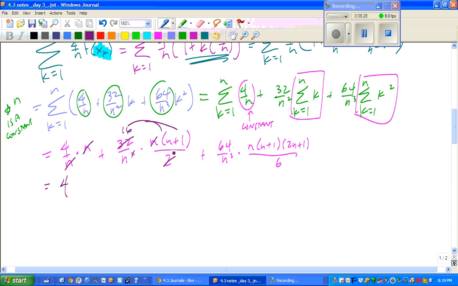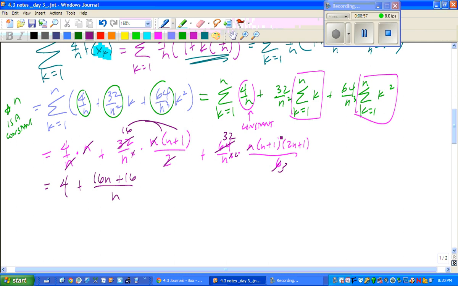I'm actually going to distribute that 16 to both of those, so we get 16n plus 16 all over n. Over here, the n cubed, get rid of one of those and cancel it with that one. Our 64 over 6, take a 2 out of that, we have 32 with 3 left on the bottom.